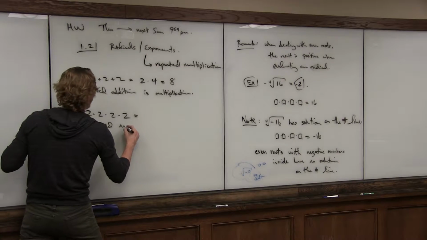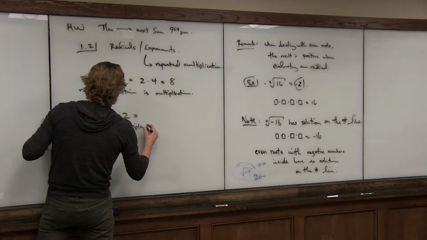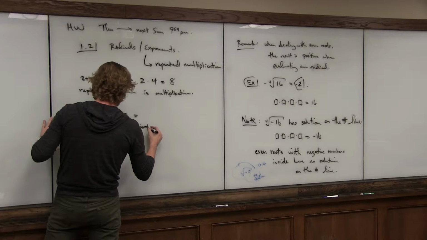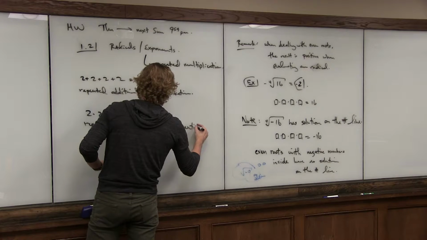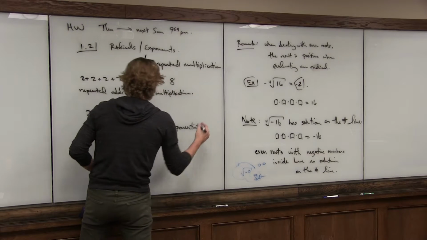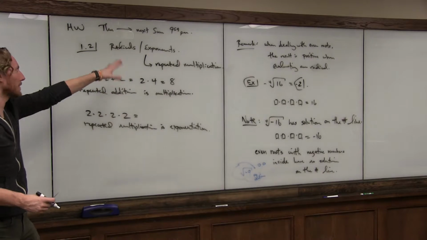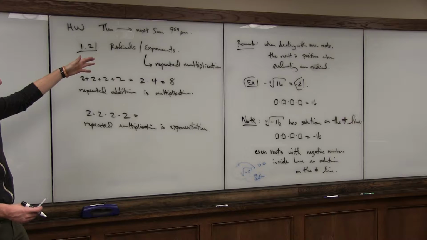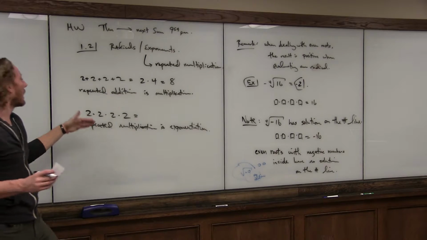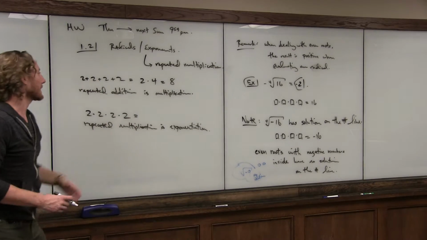Well, what about repeated multiplication? As we've said above, repeated multiplication is exponentiation. Well, I guess technically above we said exponents are repeated multiplication, but whatever the grammatical form is, repeated multiplication is exponentiation.